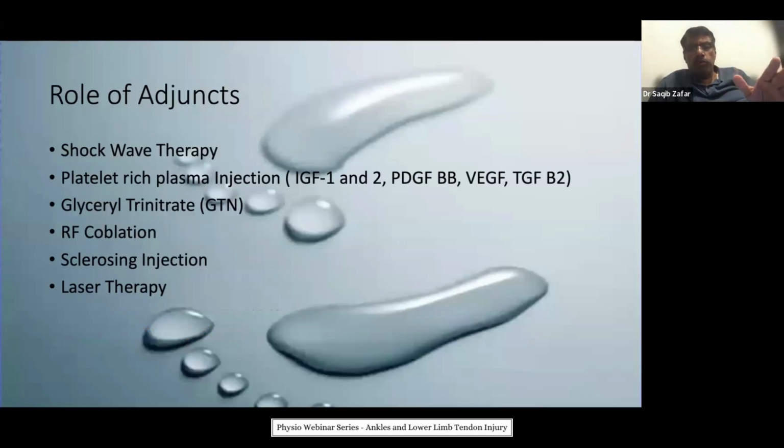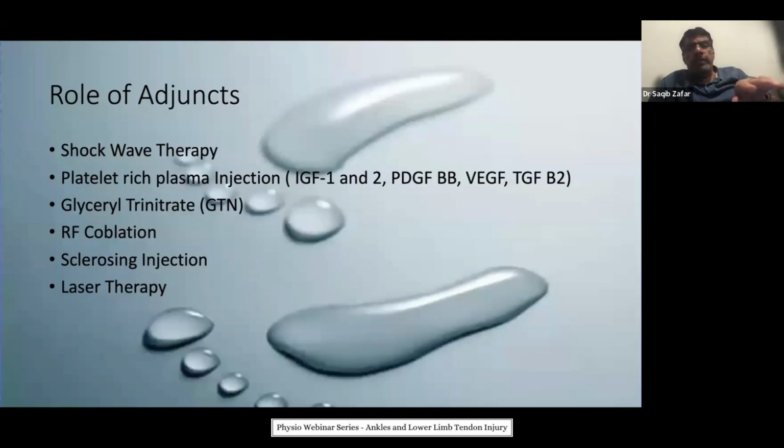There has been a role of shockwave therapy, and I have sent people for shockwave therapy after they have tried and failed the other options, and they have responded. But again, shockwave therapy has to be carefully planned. It depends again on the size of the tear, how big the tear is, what the etiology is, and whether we have addressed the other mechanical and biological factors before we allow this one.